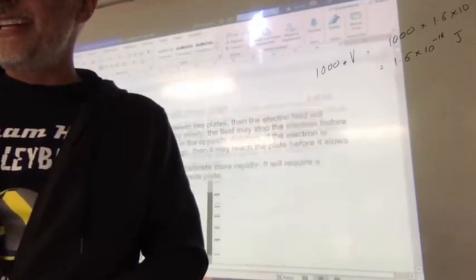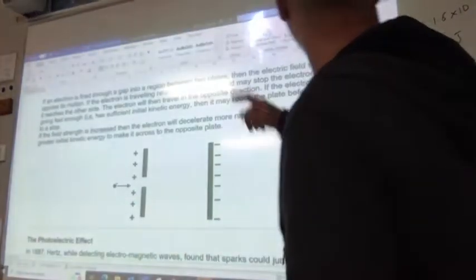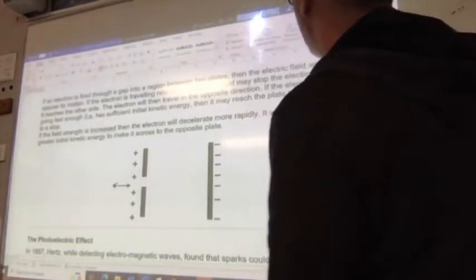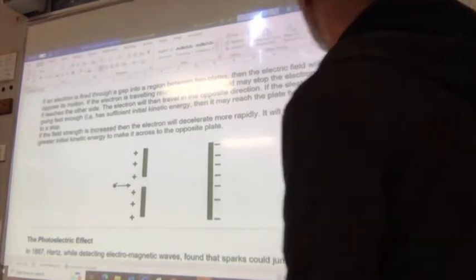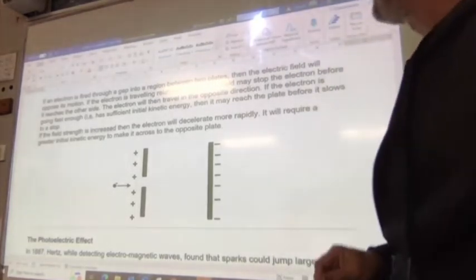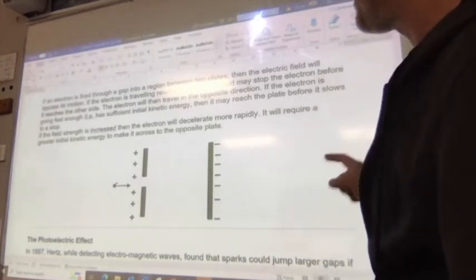Now we go on to if an electron is fired through a gap in the region between two plates, then the electric field will oppose its motion. If the electron is traveling relatively slowly, the field may stop the electron before it reaches the other side.